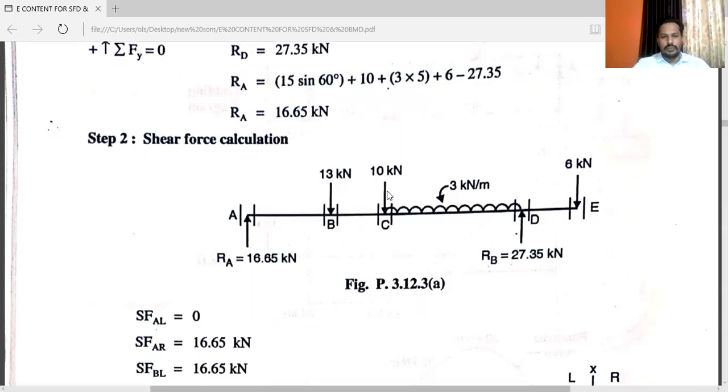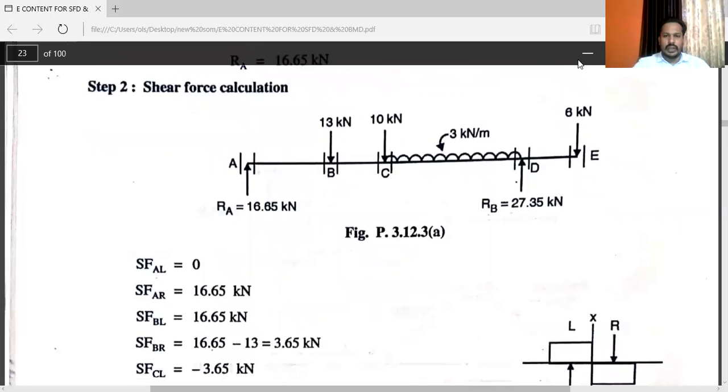Here at point C, we have 10 kilonewton. Here at point D, we have the reaction. Here from point C to D, we have UDL. Now the next, at point E, we have 6 kilonewton. See here, 6 kilonewton is acting vertically downward.